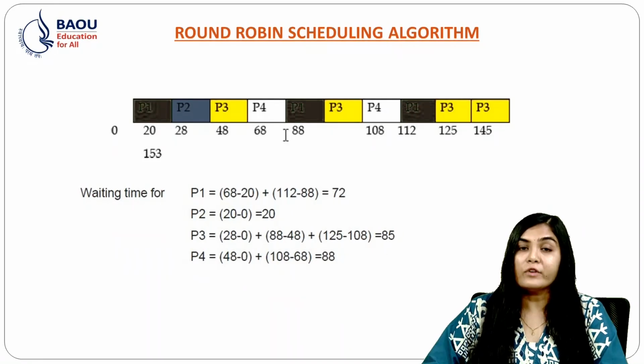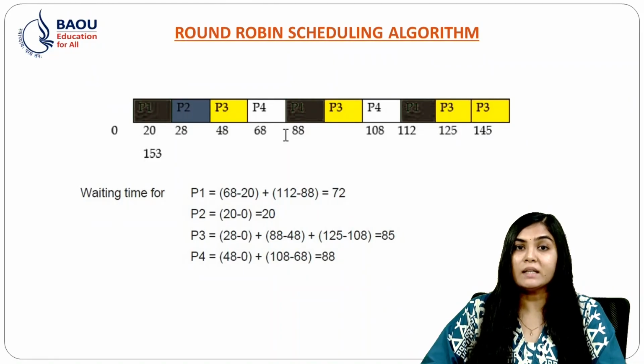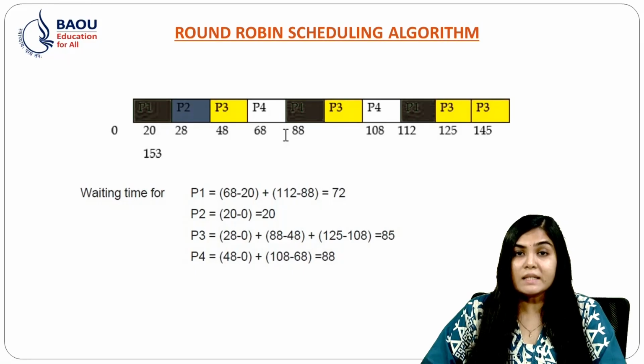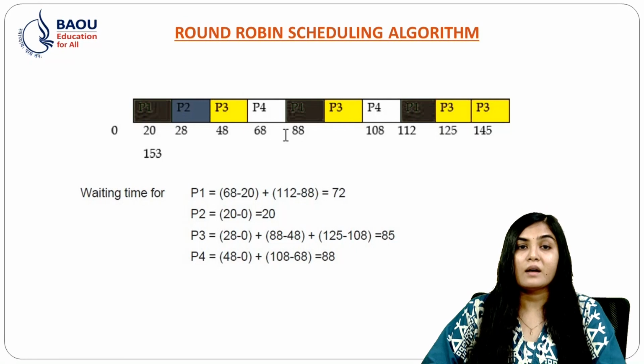Now, first understand how the round-robin algorithm works. Each process gets a maximum of 20 milliseconds in a cycle, meaning a time quantum. If a process finishes before 20 milliseconds, it leaves the CPU, otherwise it goes back to the queue with its remaining burst time. This cycle repeats until all processes are completed.